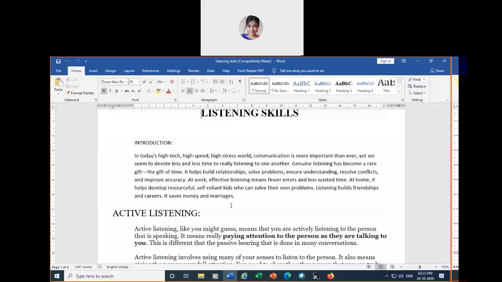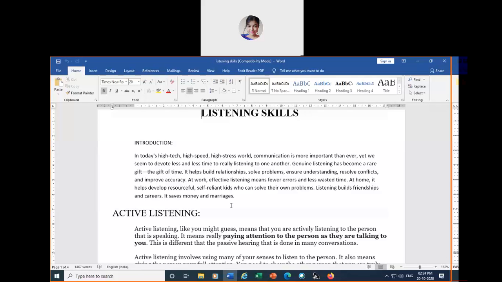Selective listening is when you do not listen to the speaker properly. Selective listening is when you filter the speech of the speaker. When you do not want to listen to the whole speech, you do not get all the information, and that is known as selective listening.